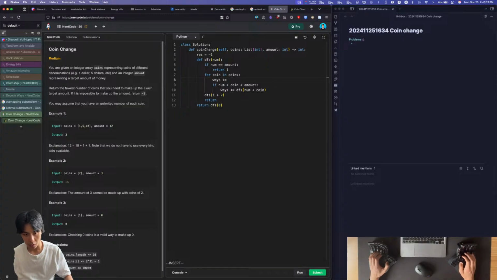Ways is plus equals 1, so is equal to 0. Return ways.